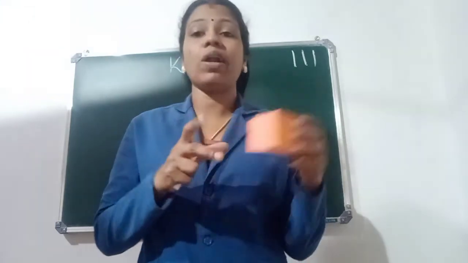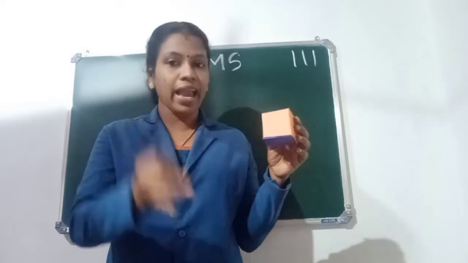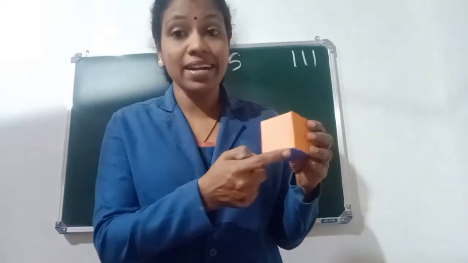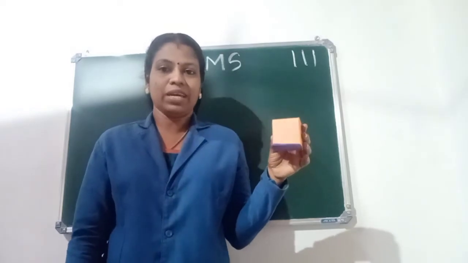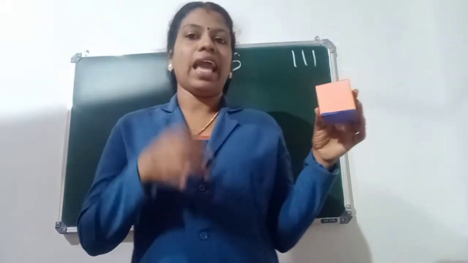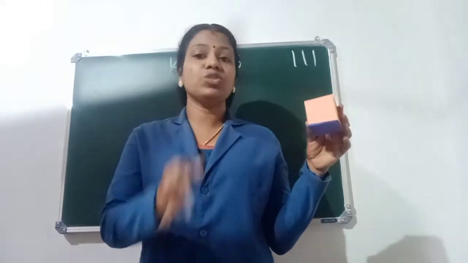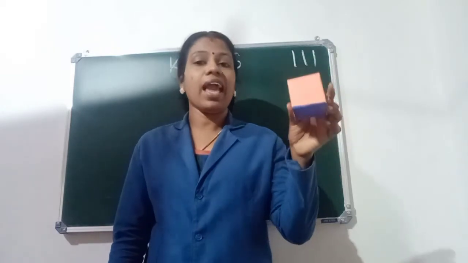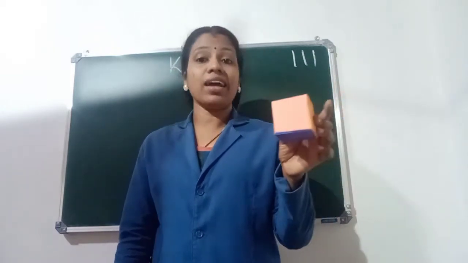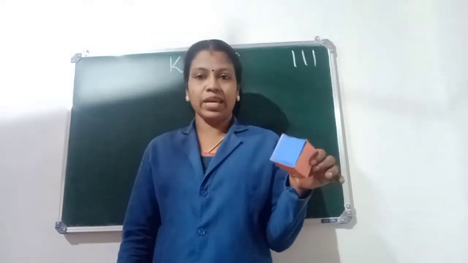So a cube has 6 faces, 8 corners and 12 edges. Study these 3. A cube has 6 faces, 8 corners and 12 edges.